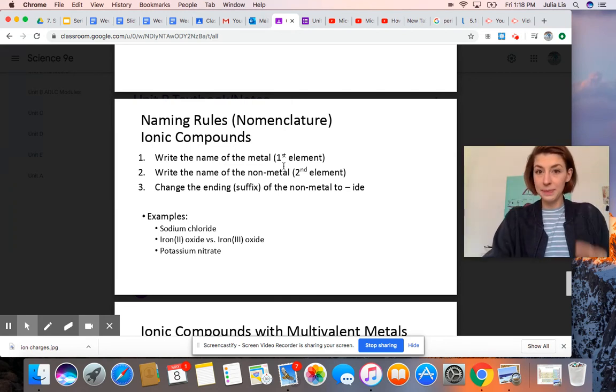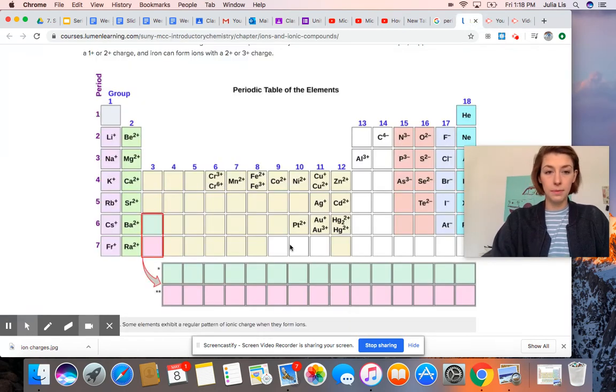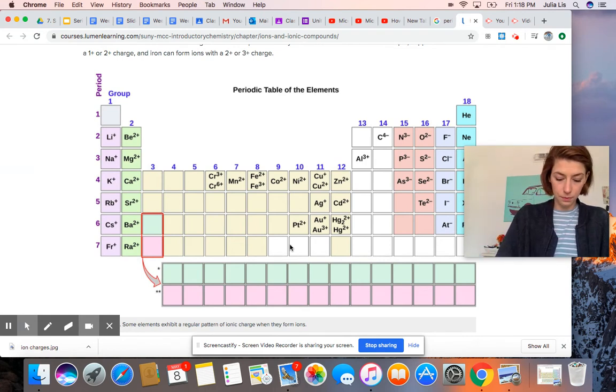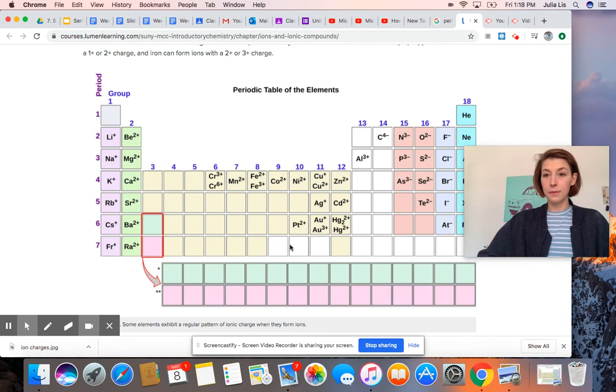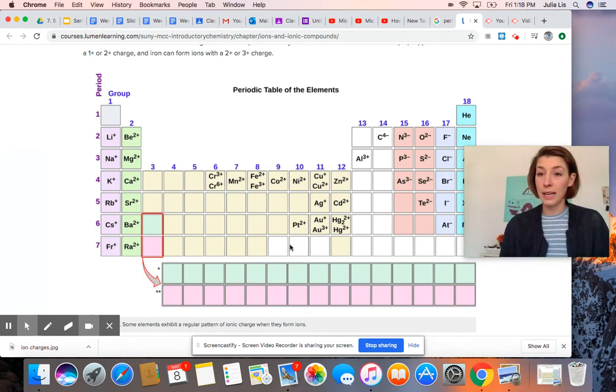I'm going to do one more. Let's look at our periodic table. Let's do this one. Okay? So the numbers, the subscripts, don't matter when we're looking at ionic compounds.